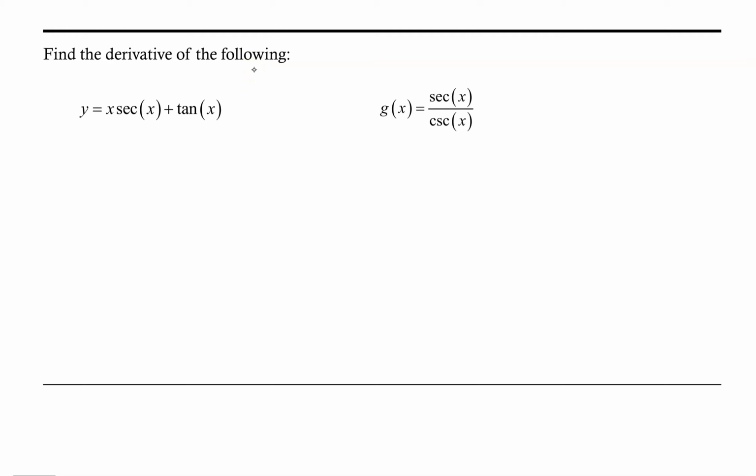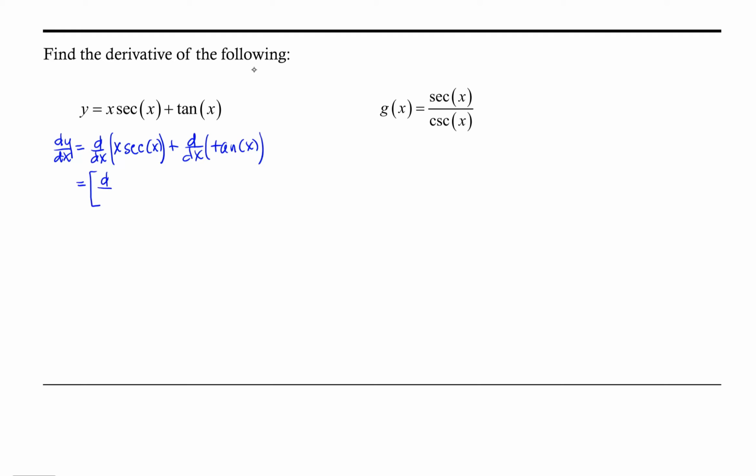So let's go ahead and find dy dx, or the derivative of y with respect to x. It is going to be the derivative of our first term, x secant x, plus the derivative of our second term, tangent of x. Now, when we go to find the derivative of x secant x, we're going to have to use the product rule.